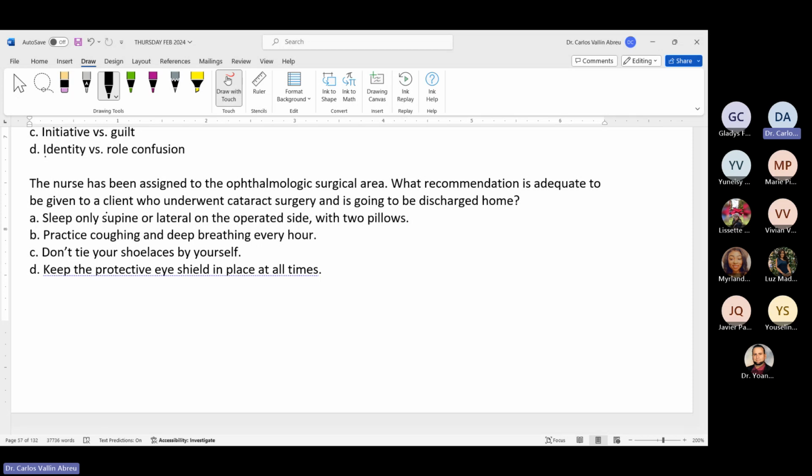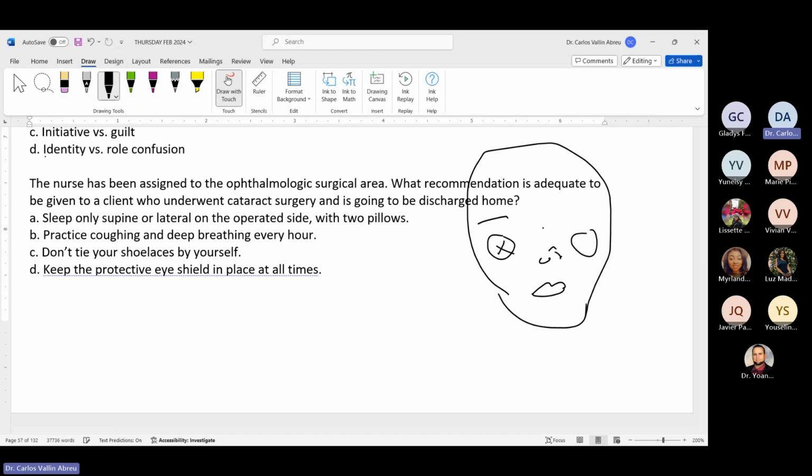In those cases, sleep only supine or lateral on the operated side with two pillows. If the client has surgery in one eye, the client should be sleeping supine, with elevation of the head, in semi-Fowler.